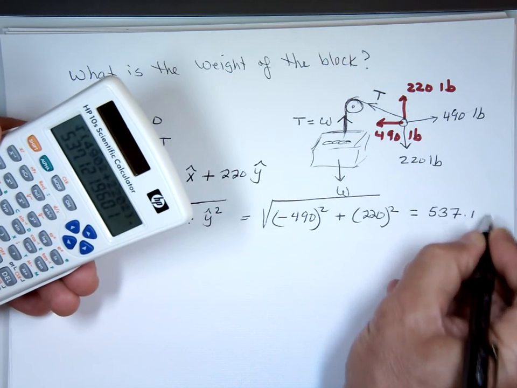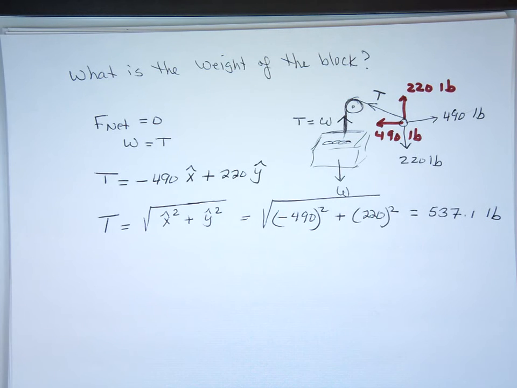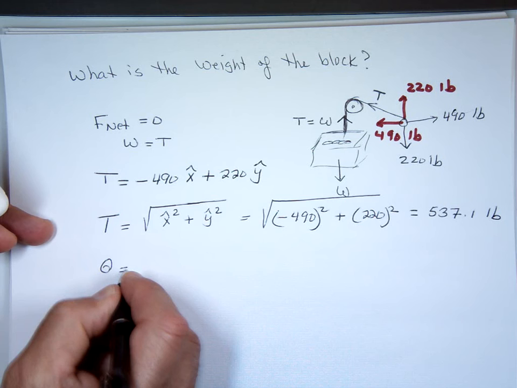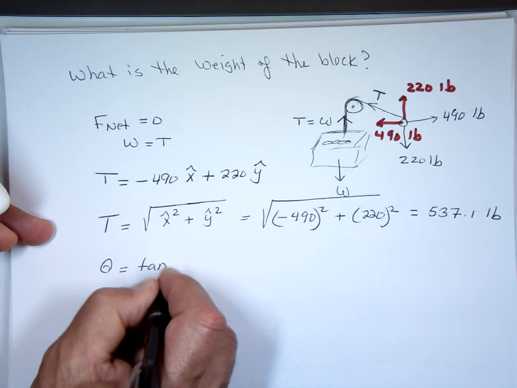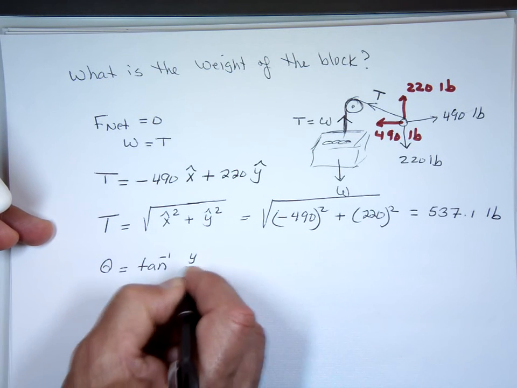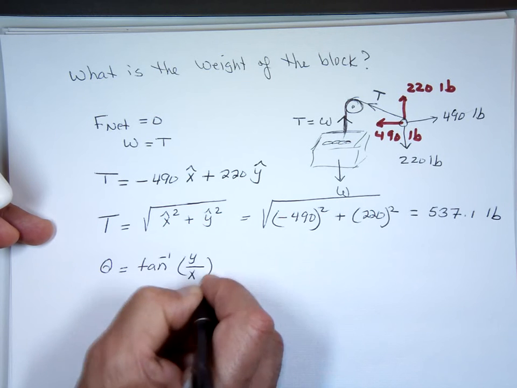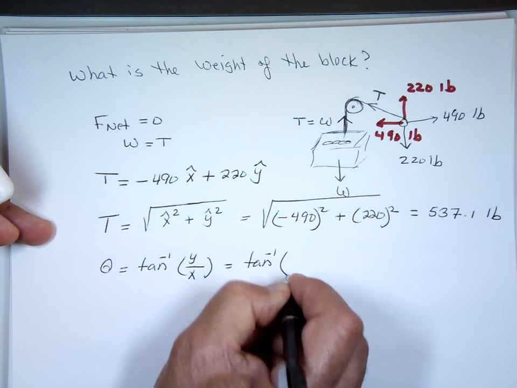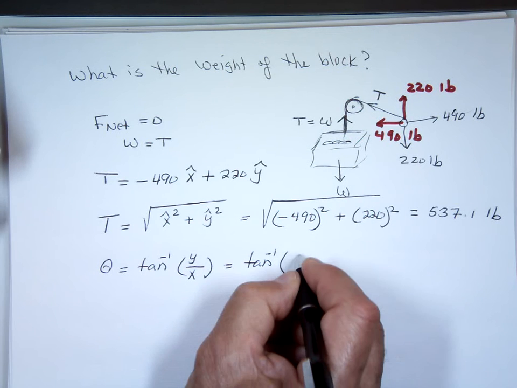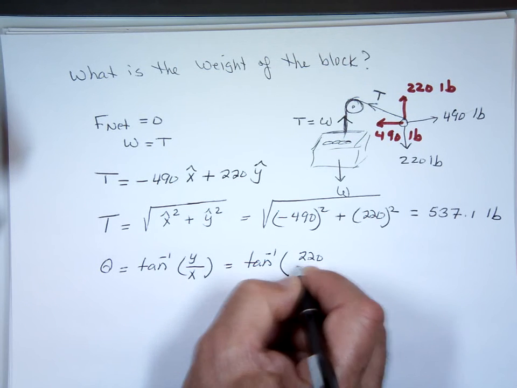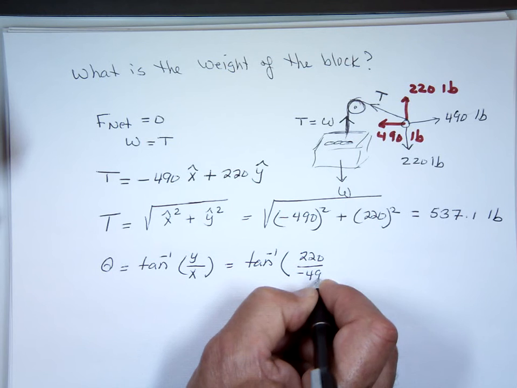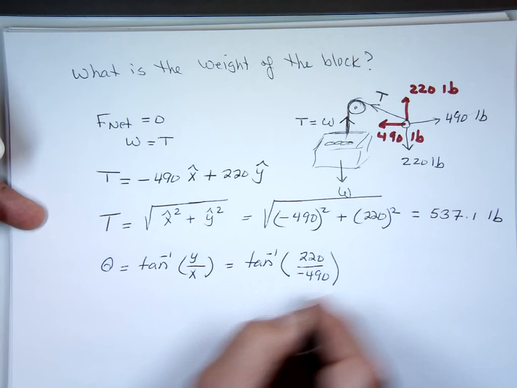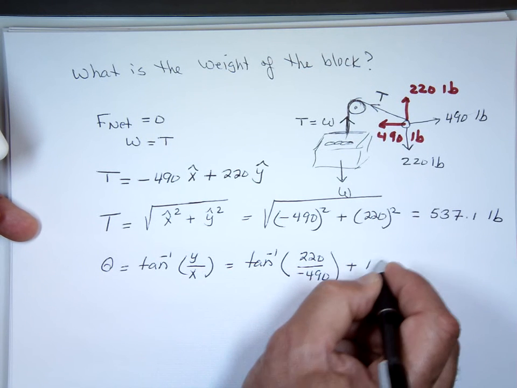That's the tension in the cable. That's the value of it. And the angle theta is the inverse tangent of the y value over the x value. Y here is 220, x is negative 490, and since x is negative, you need to add 180 degrees to the answer.